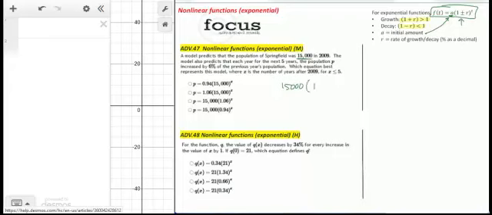We are looking at an increase, so a growth of 6%. 6 as a percent is 0.06, and then to the power of t. And so this is the interpretation, and your answer is going to be this third option right here. And again, you don't need a calculator for this, it's just an interpretation.